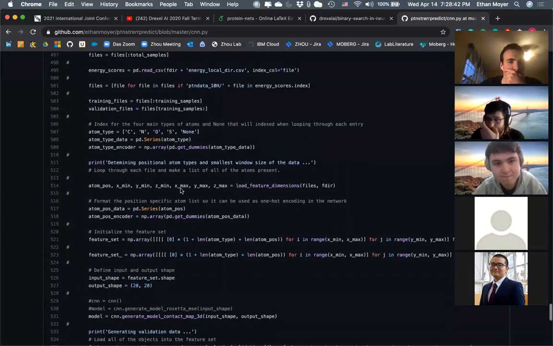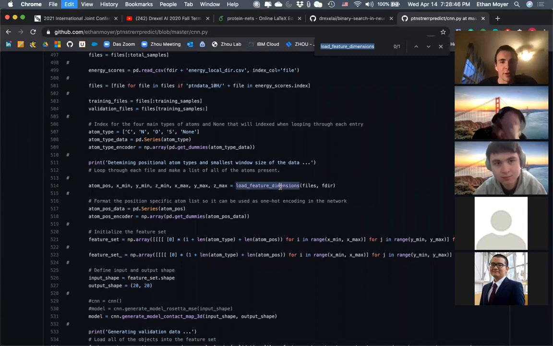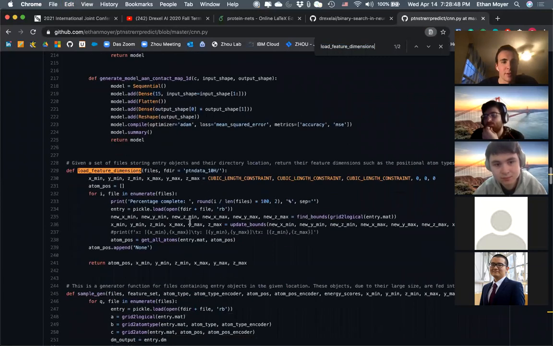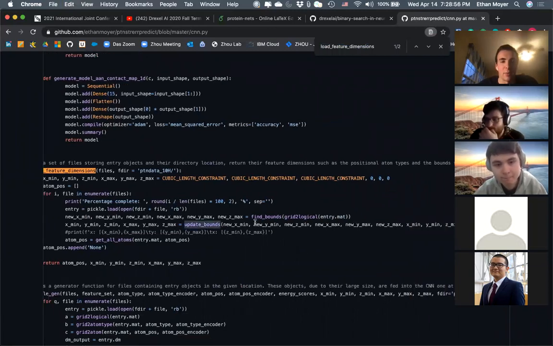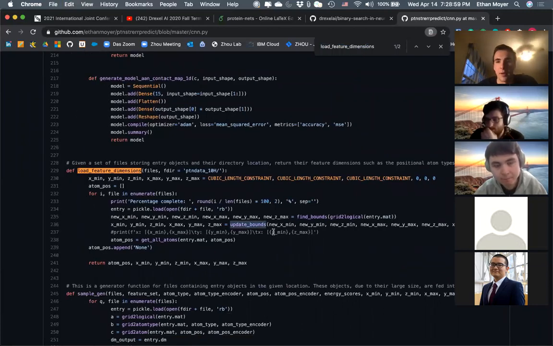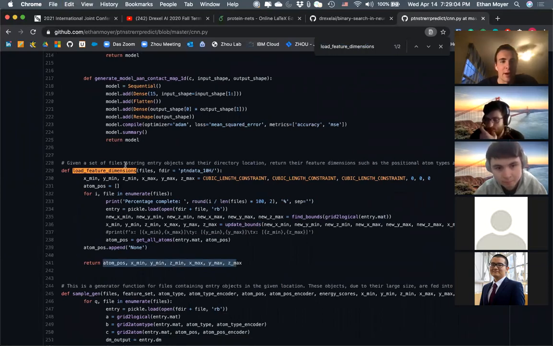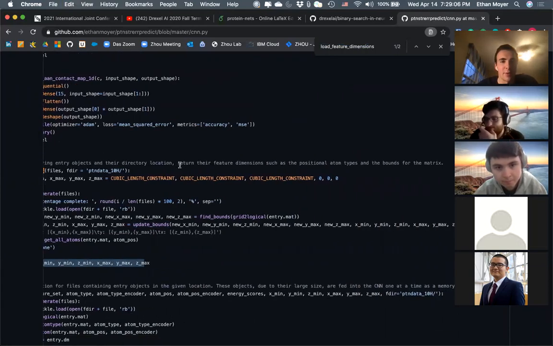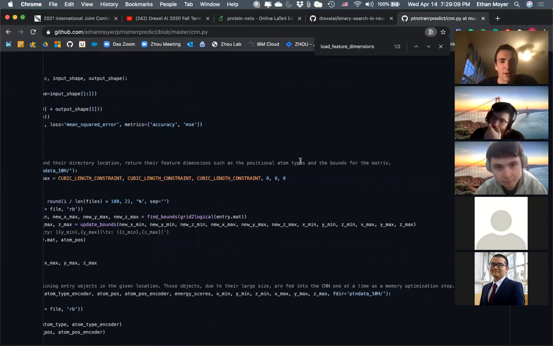Yeah. So basically I'm finding this function, load feature dimensions. What it does is it finds the bounds for a given entry, what I call entry. And then I update the bounds depending on whether they're smaller than the current bounds. And then what you get is, given a set of files storing objects in the identification, it returns the feature dimension, such as the positional atom types and bounds of the matrix.